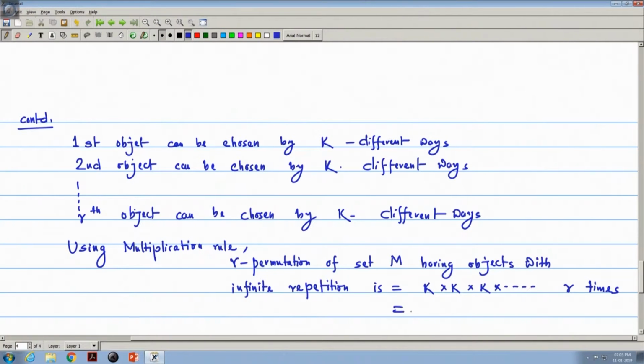So, this is equal to k to the power r. So, the result is proved.